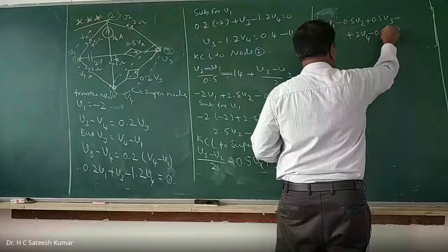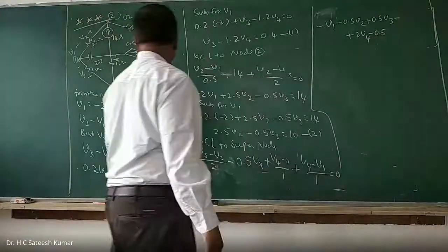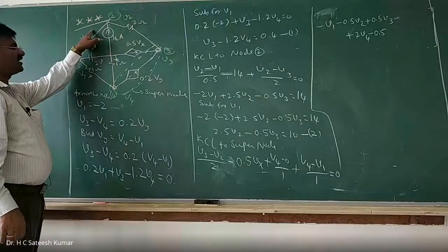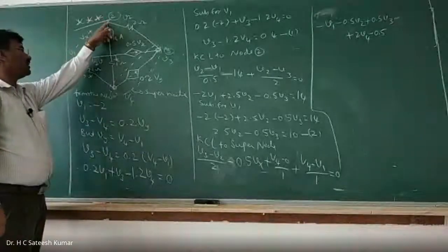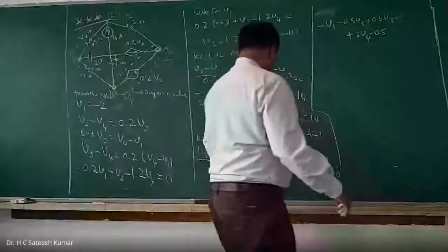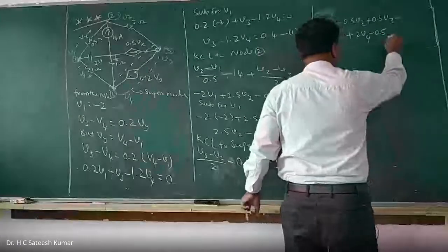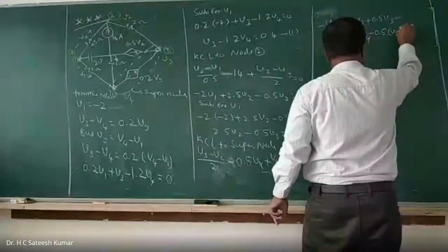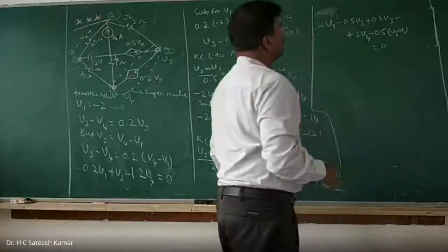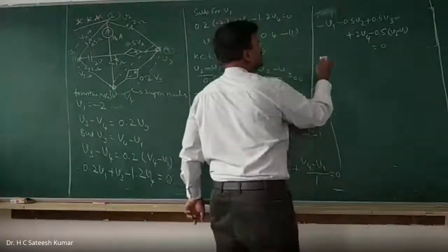0.5 Vx. What is Vx here? This is Vx, with the plus sign on this side and the minus sign on this side. Therefore, V2 minus V1 is Vx. So 0.5 into V2 minus V1, and this is equal to 0. Now simplify this.